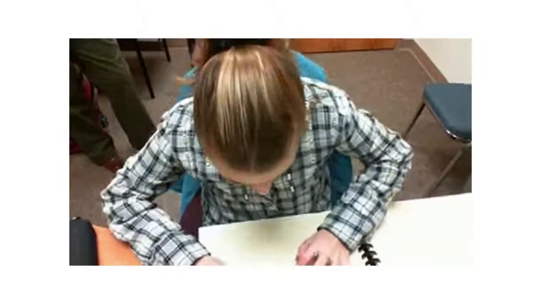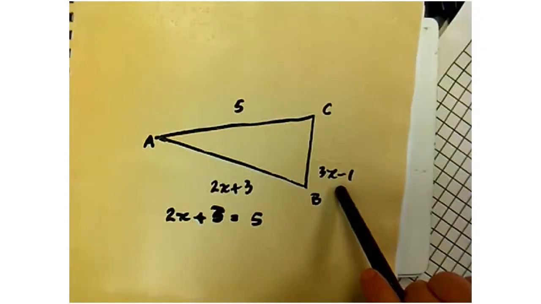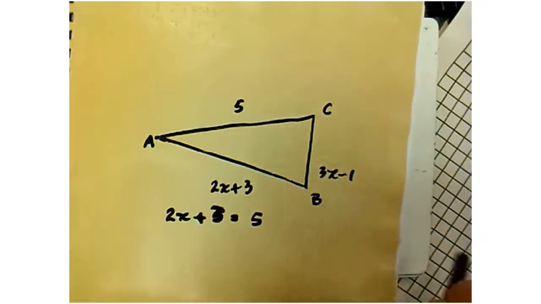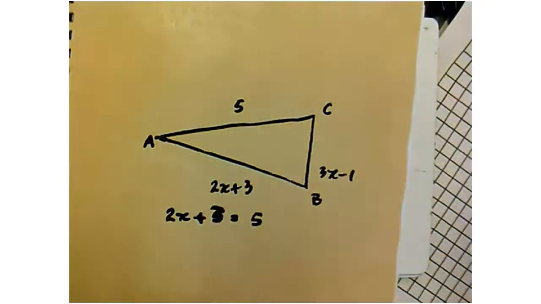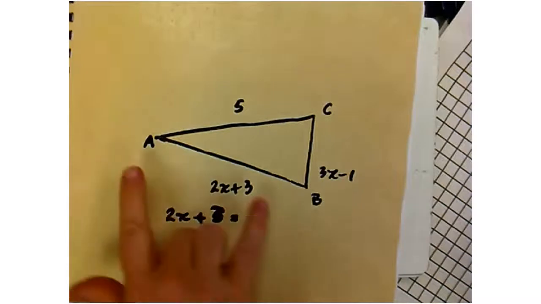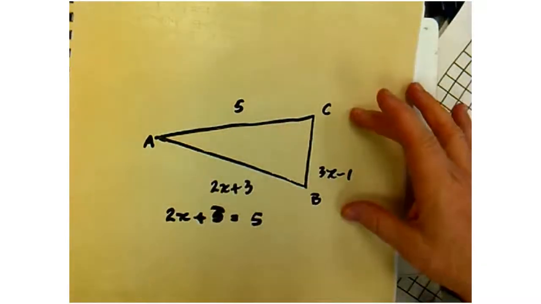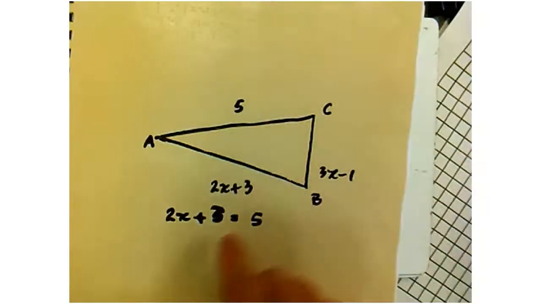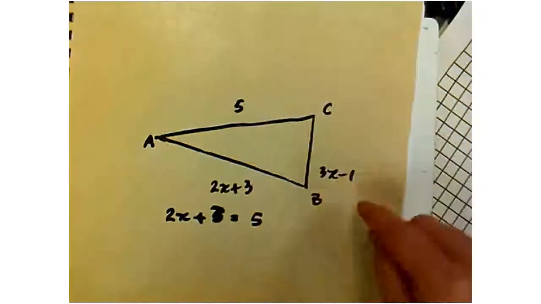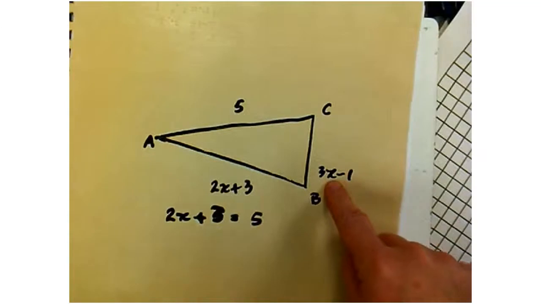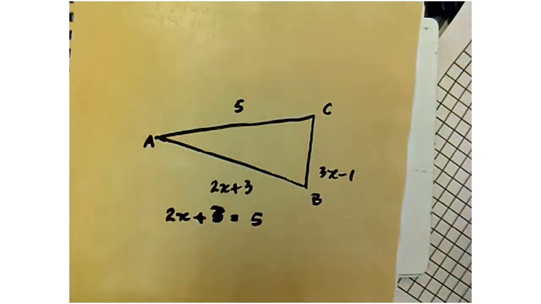What's 3 times X? 3. Yeah, minus 1, 2. Good. There we go. Phew. All right, so AB is 5 because it's congruent to AC, and BC is 2 because we solved for X, and we plugged that value in, that 1 in there. So 3 times 1 minus 1 is 2.